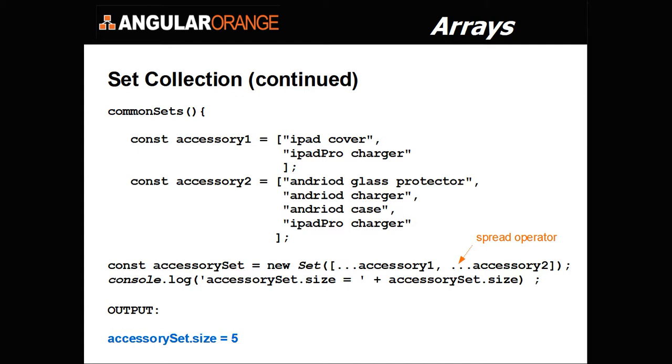The dot dot dot accessory 2 says add all those values that are Android glass protector, Android charger, Android case, iPad charger, and you could look at the size of those, and you'll see that the size is 5 because the iPad charger was a duplicate, so it only counted it as 1 when it got added to the set.